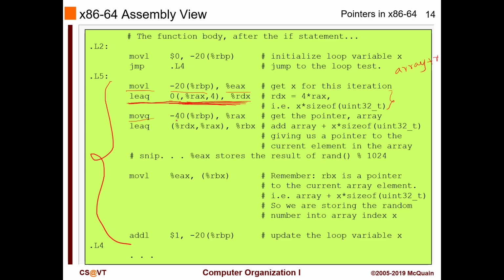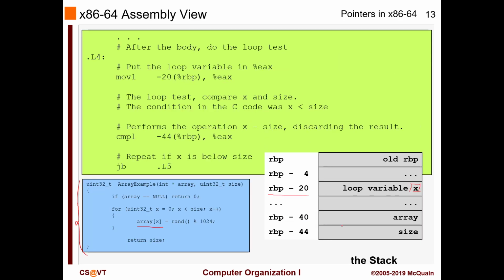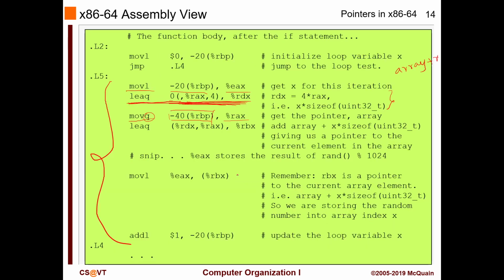Then we are going to move RBP minus 40 into RAX. So this one is definitely an address, right? Let's see what it was. It's an array, and we know that the array is actually the beginning address of the array. Okay, and we are putting it inside RAX. Then we are doing another load effective address, and over here we are doing RAX and RDX.